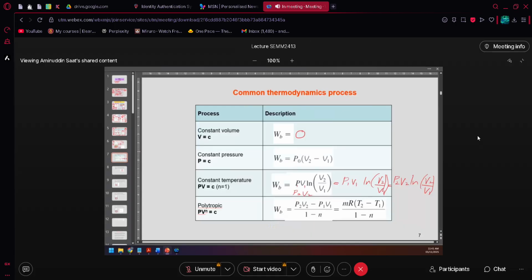Like here, why do they put P0? Because P0 equals P1 equals P2, so there is no change in the pressure.